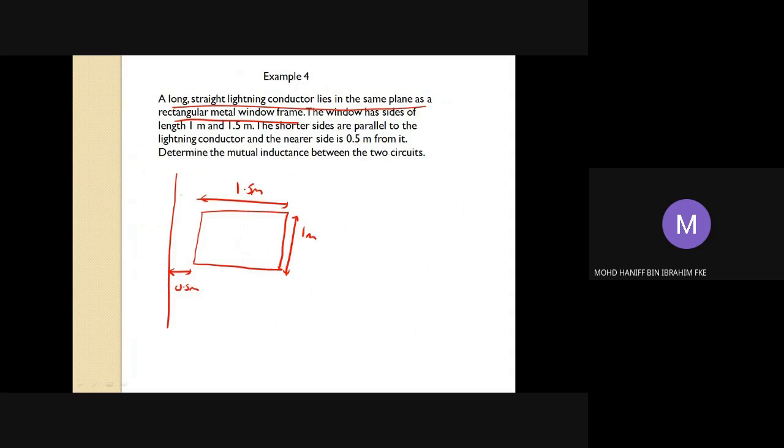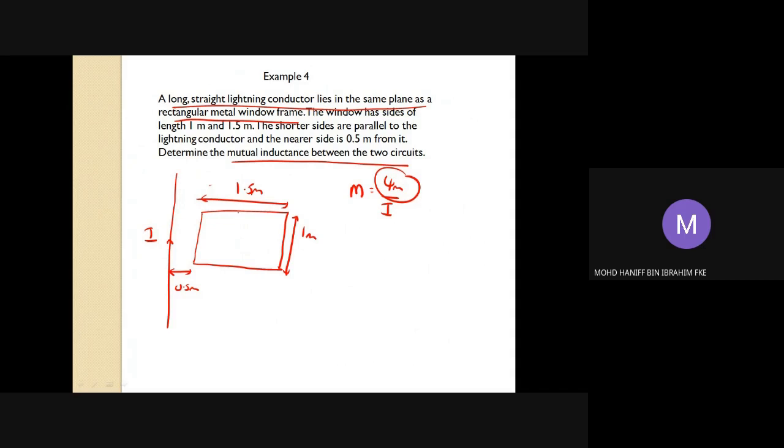I presume that the conductor is carrying a current I. We need to find the mutual inductance between the two circuits. First we need to understand the equation for mutual inductance, where M equals the flux linkage divided by the current I. The flux is produced by the current I1.